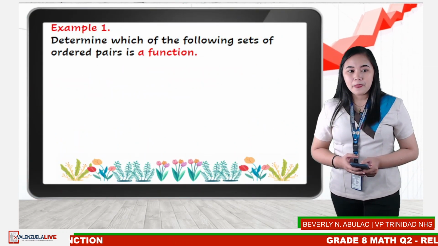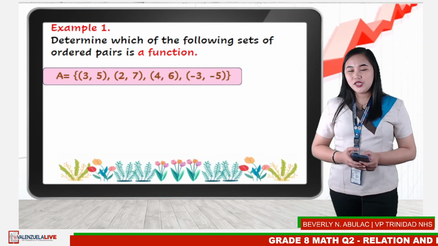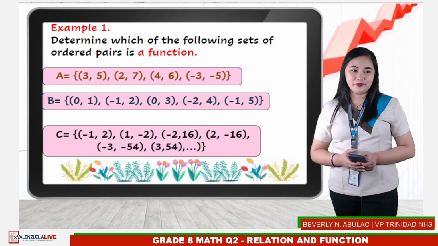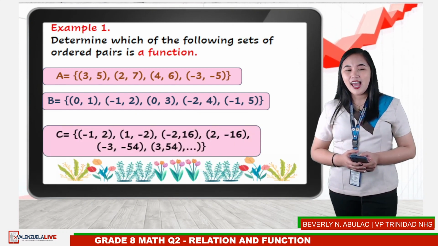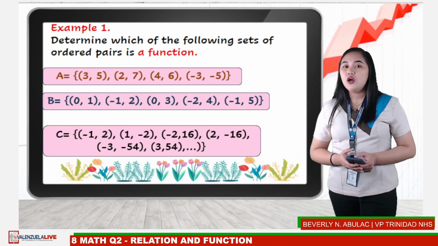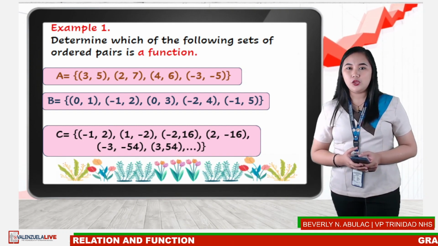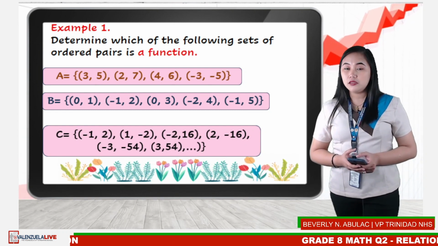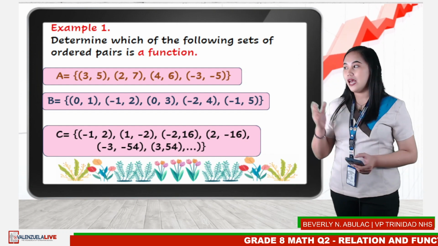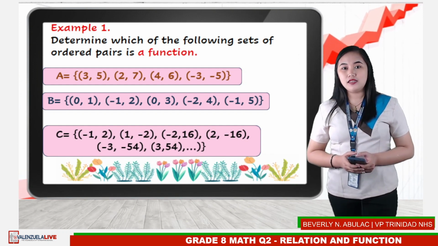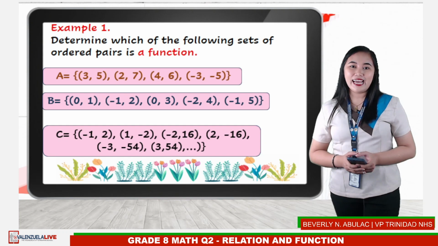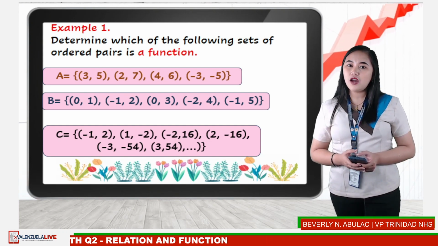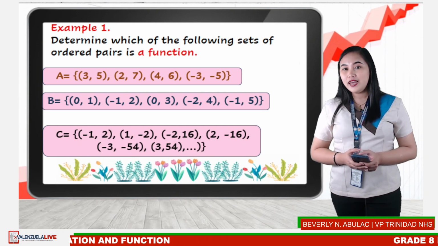Example number 1. Determine which of the following sets of ordered pairs is a function. In set A, we have (3, 5), (2, 7), (4, 6), and (-3, -5). In set B, we have (0, 1), (-1, 2), (0, 3), (-2, 4), and (-1, 5).